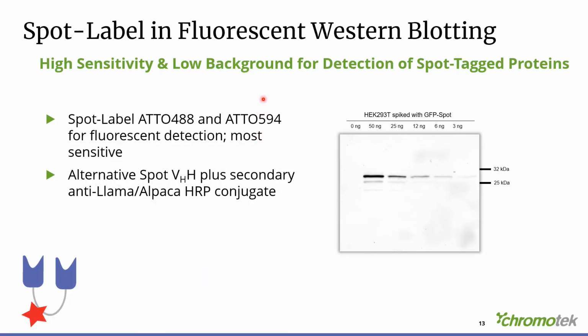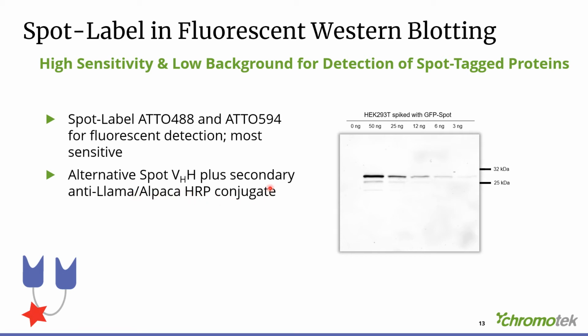You may also use the Spot-Label for fluorescent Western blotting. We do provide Spot-Label conjugated to ATTO 488 and ATTO 594 for fluorescent detection in Western blot. Alternatively, you may use the Spot-Nanobody plus a secondary anti-llama or anti-alpaca HRP conjugate.